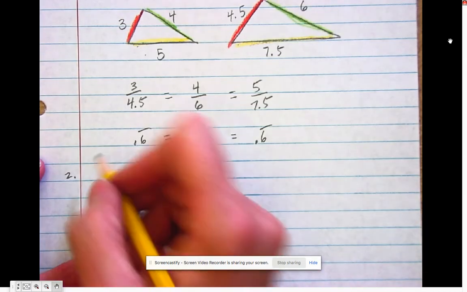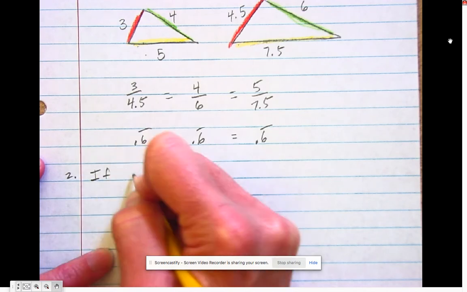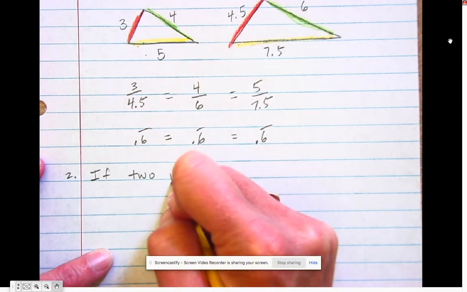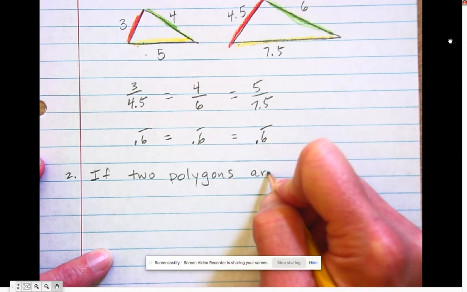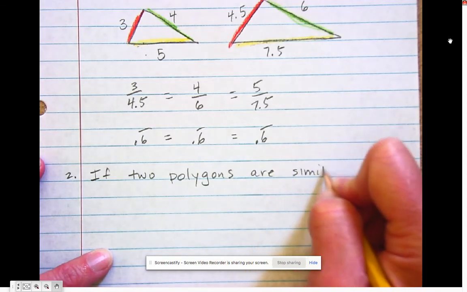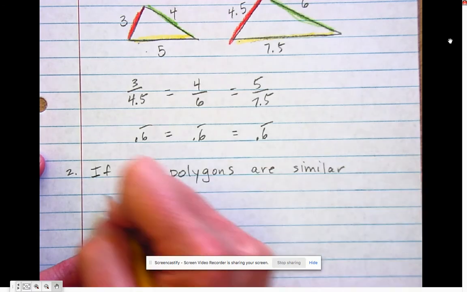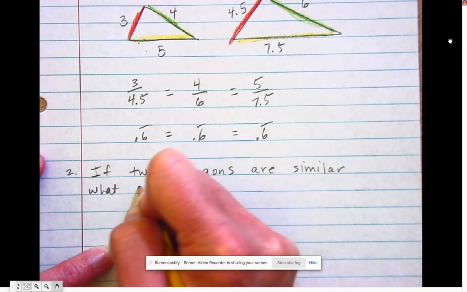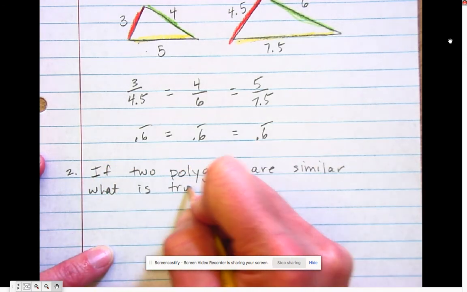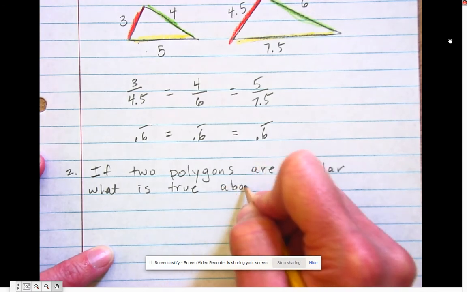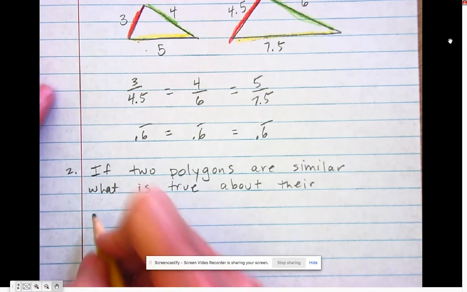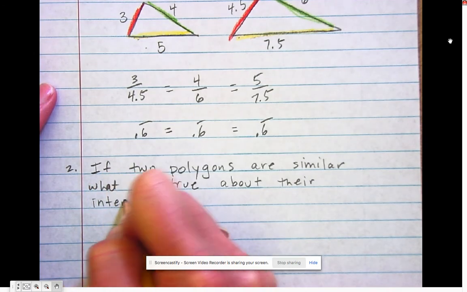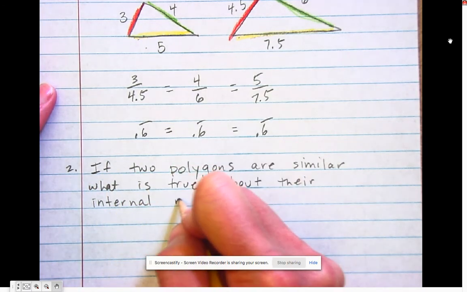So sometimes we can look at it this way. So if two polygons are similar, what is true about their, let's call these internal ratios.